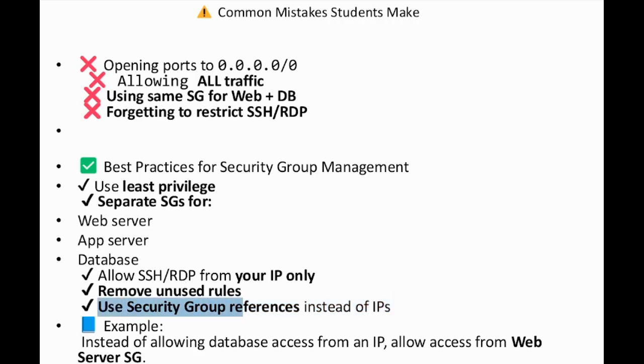For example, instead of allowing database access from an IP, allow access from the web server security group. This is the best way to secure your data. So I hope it is clear.